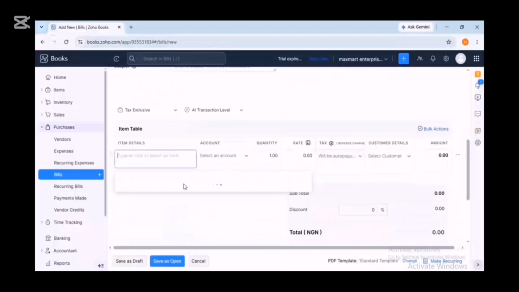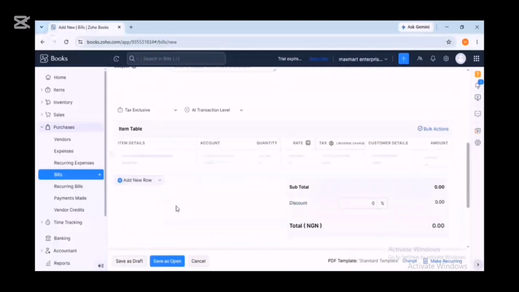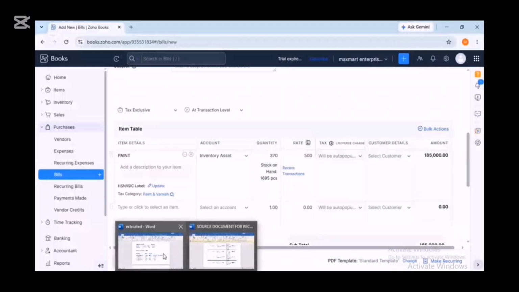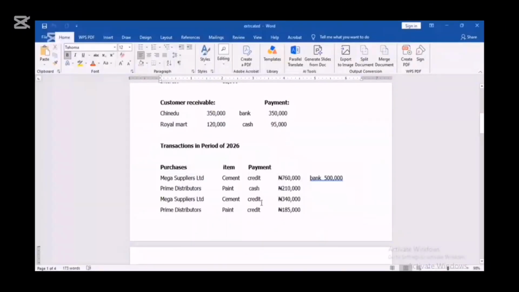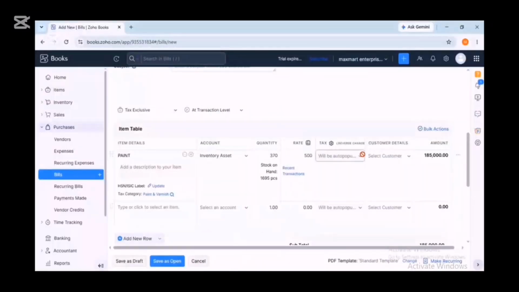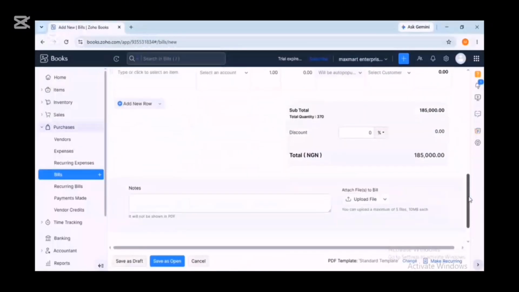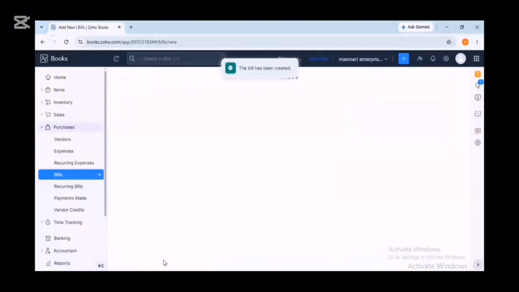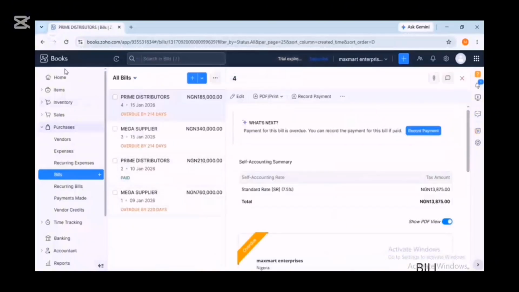Select the item, which is paint. Let's input the quantity, 370 packs of paints. So let's save it. Absolutely. Good.